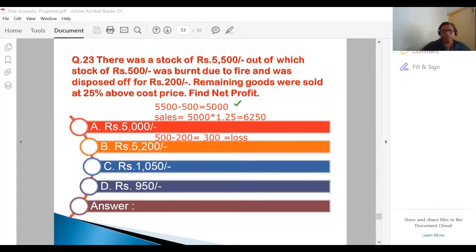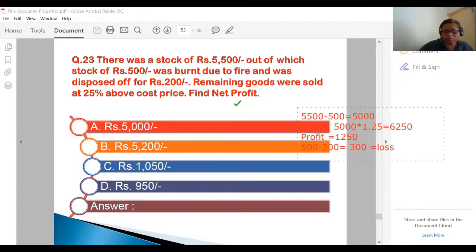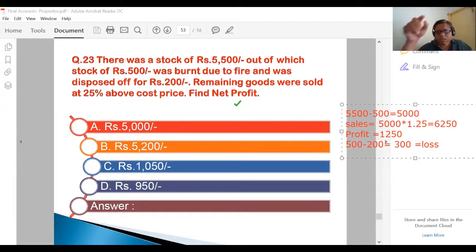Sales is 1.25 on the cost. The 6,250 minus 5,000 gives 1,250, and 500 rupees worth of goods are burnt, recovered only 200, loss is 300.